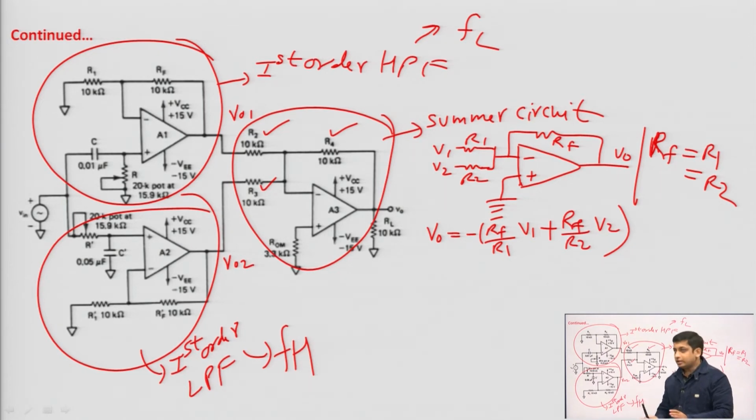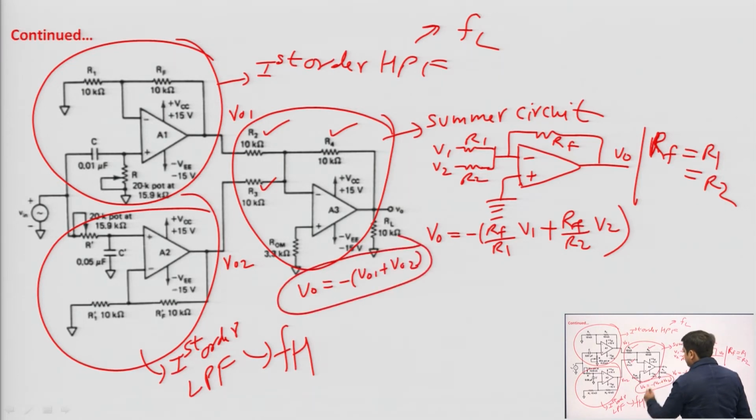So, we can separately design this first order low pass and first order high pass to get a particular FL and FH, and after that just add a summer circuit and just take the values of all resistors same, R2 equal to R3 equal to R4, because when we take these resistors same, then we get V0 is equal to minus of VO1 plus VO2. So, the two voltages will be added, fine.